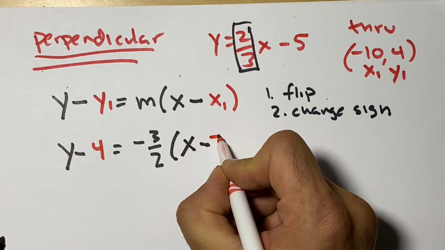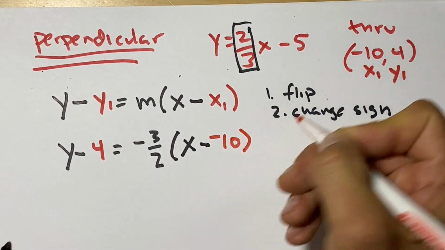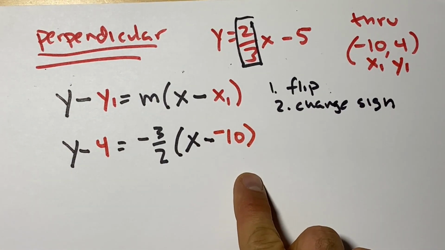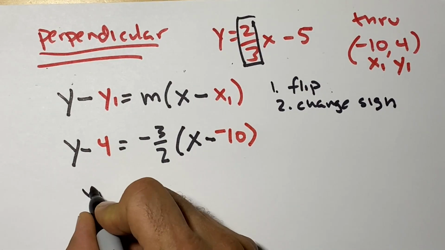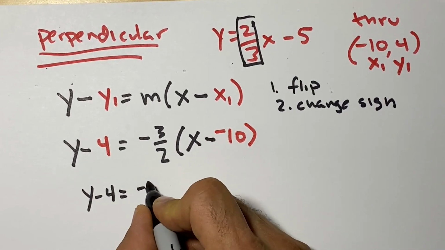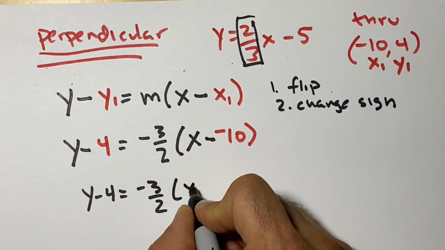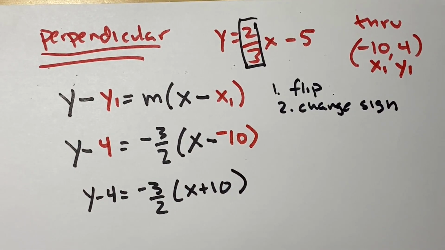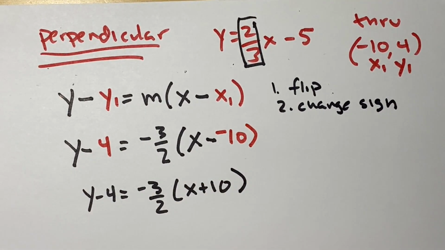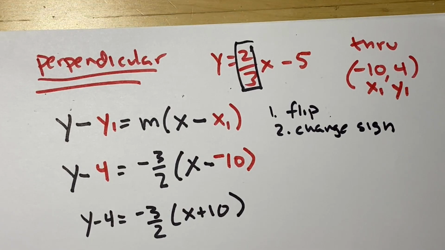And it happens to be a minus, so we have a double negative. Mathia will take that. If we are not in Mathia, we would do y minus 4 equals -3/2 x plus 10, because a minus minus becomes plus. So you actually don't have to do the solving to find the intercept b if you use y equals mx plus b. So let's try one more.